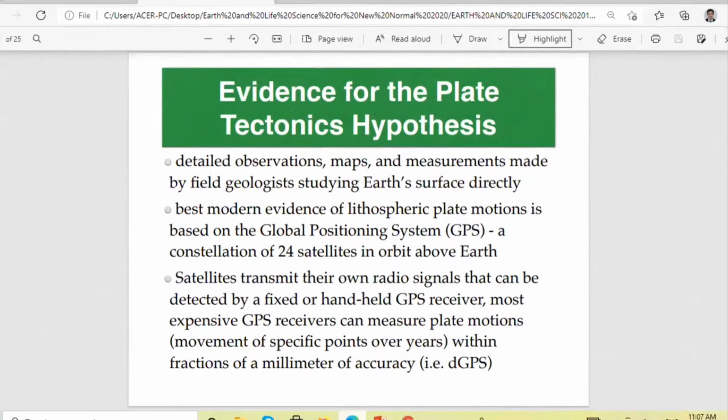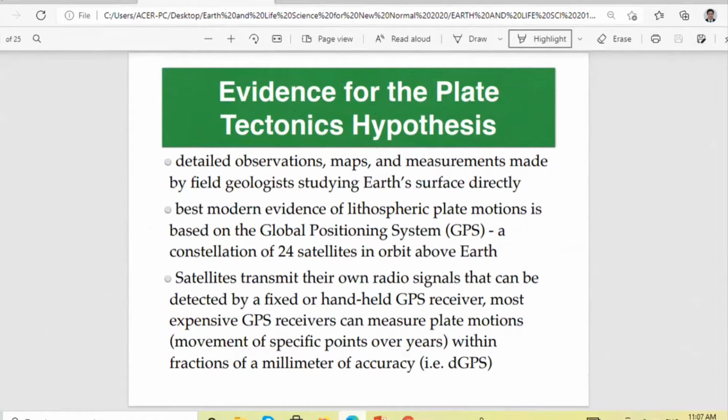The evidences of this plate tectonics hypothesis are just detailed observations, maps, and measurements made by field geologists studying Earth's surface directly. The best modern evidence of lithospheric plate motion is based on the Global Positioning System, or GPS, a constellation of 24 satellites in orbit above Earth.